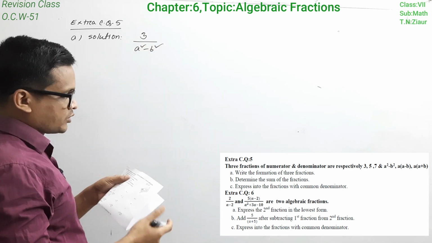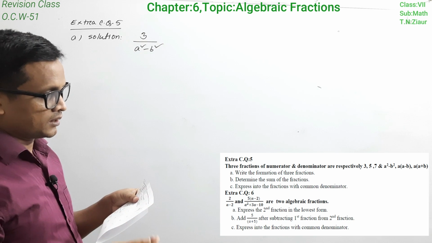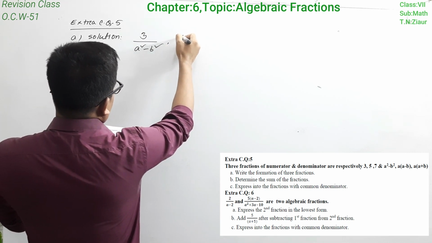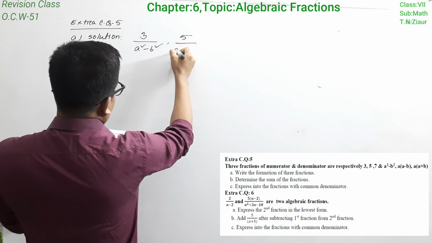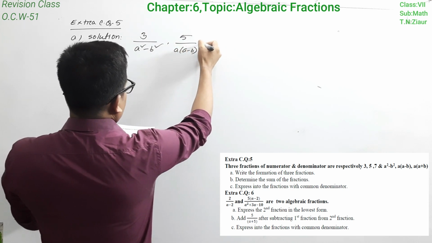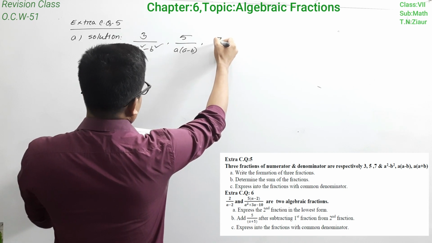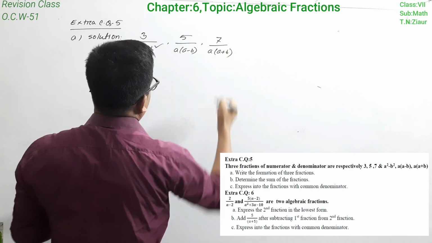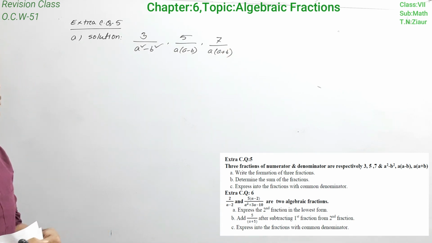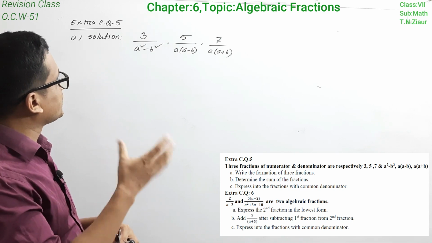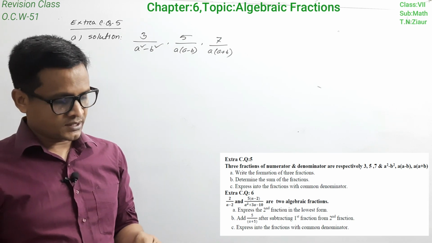Then the second one will be 5 by a into a minus b. Then the third fraction will be 7 by a into a plus b. Okay, so this is the answer of part a. You just have to form the three fractions.